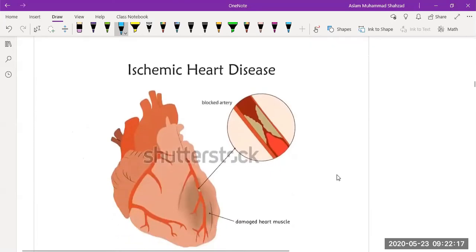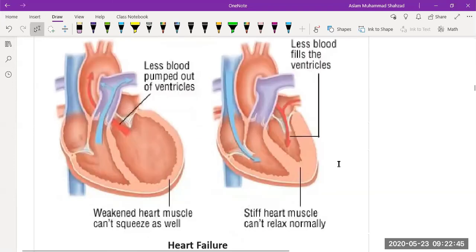So what is ischemic heart disease? You can see the artery will be blocked because of a high cholesterol level, and then it can lead to ischemia and damage the heart muscles. Then we mentioned that heart failure is a consequence if the patient is not treated well.